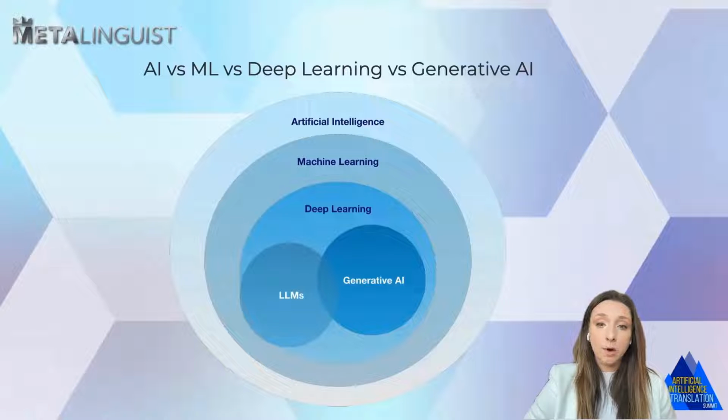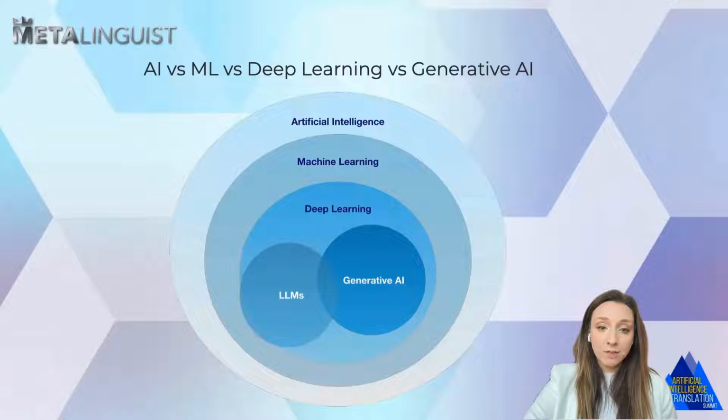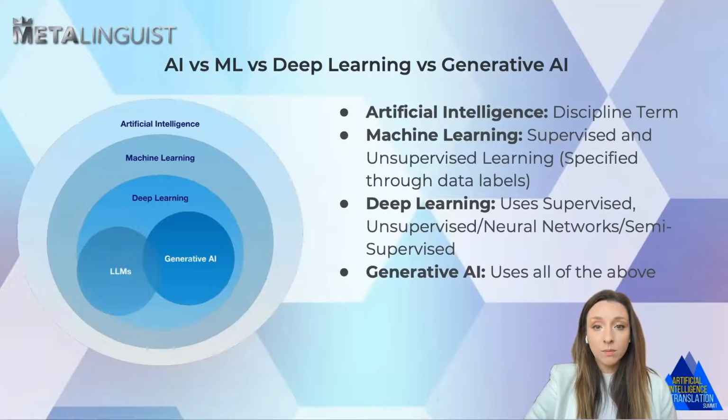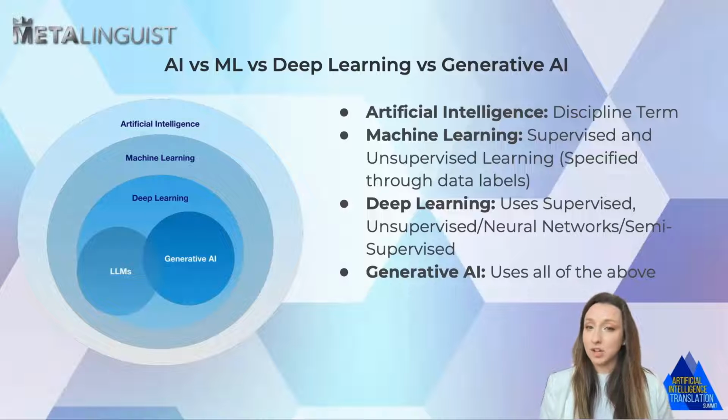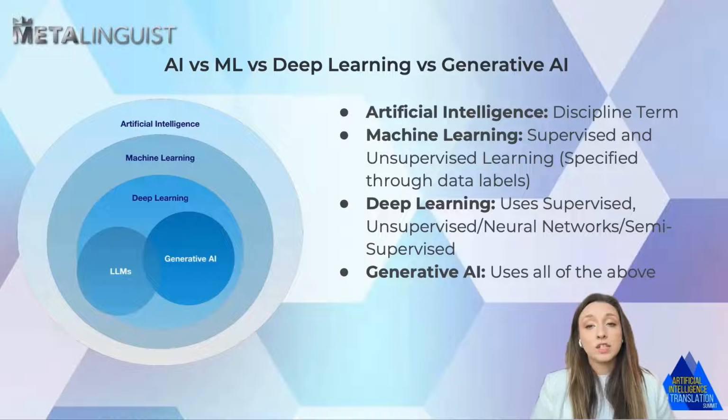I'm only going to briefly skip over this, but I wanted you all to understand how AI versus machine learning versus deep learning versus generative AI all relate to each other if you didn't already know. Artificial intelligence is the umbrella term, the discipline, and extremely generic in nature. As we drill down, different methodologies are referenced to further fine-tune an AI technology's performance. For example, machine learning, which is the next broadest category, uses methods called supervised or unsupervised learning, which are specified on whether or not the model utilizes data labels in order to define outputs.